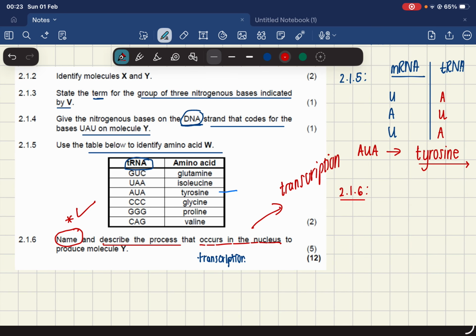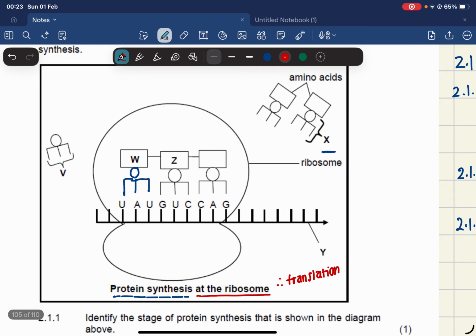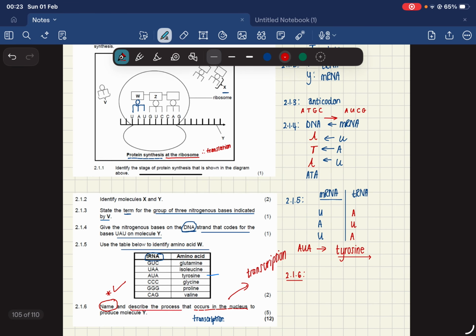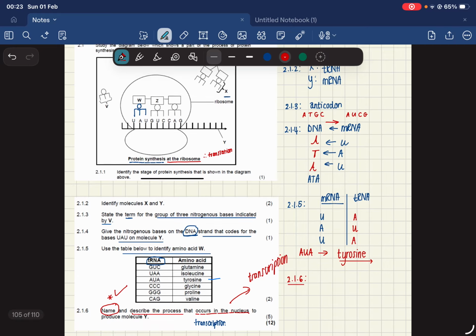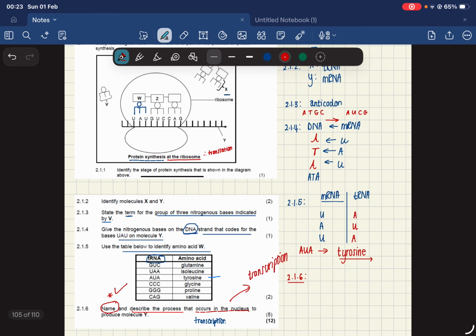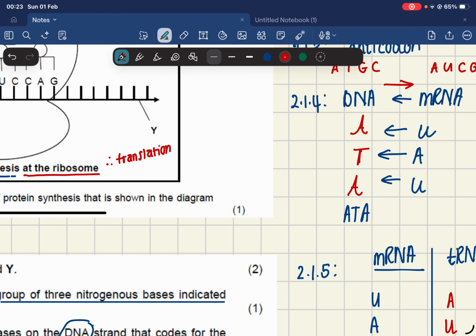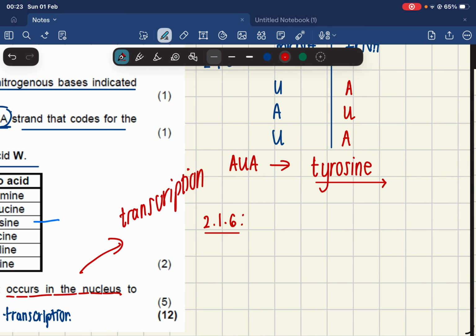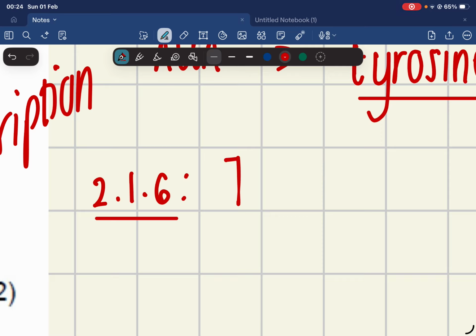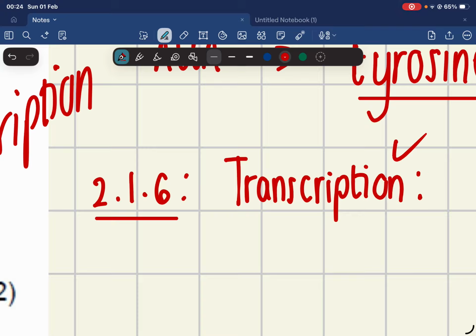Where's molecule Y? As we said, molecule Y is mRNA. So how do we produce mRNA? Firstly, the process is called transcription. You get your compulsory mark.